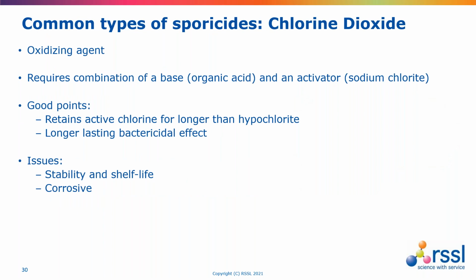So we'll have a look at some of the common types of sporicides that can be found within pharmaceutical facilities. So there is chlorine dioxide, which is an oxidizing agent, and it comes as a two-part system, typically sodium chloride and an organic acid, maybe lactic acid or citric acid. And when they come together, it produces active chlorine.